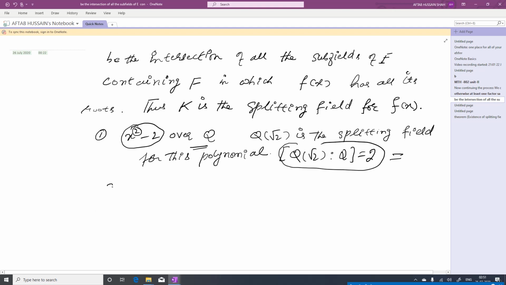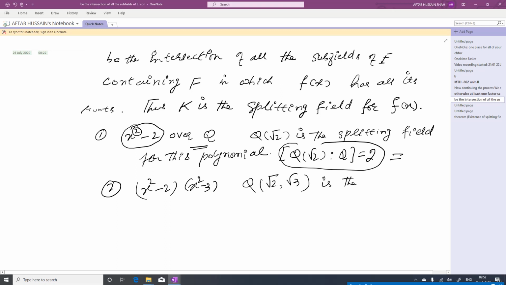And if you see the second example, we have chosen this polynomial (x squared minus 2)(x squared minus 3). And we have shown that this Q(square root 2, square root 3) is the splitting field.